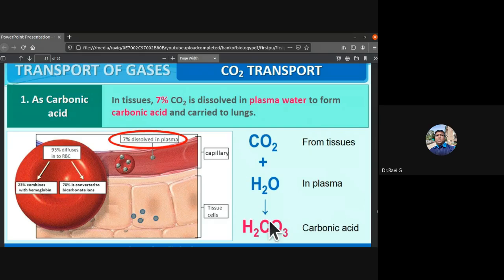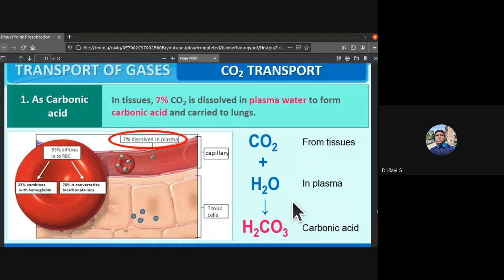At the lungs, they dissociate to form carbon dioxide and water, so carbon dioxide diffuses into the lungs. So 7% of carbon dioxide is carried as carbonic acid in the plasma.